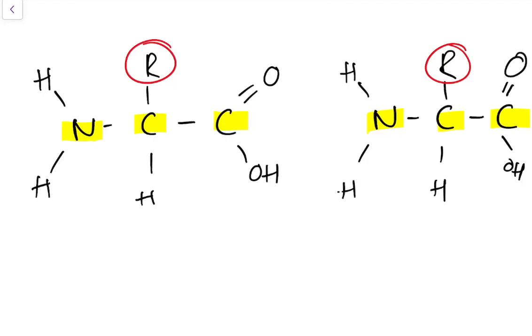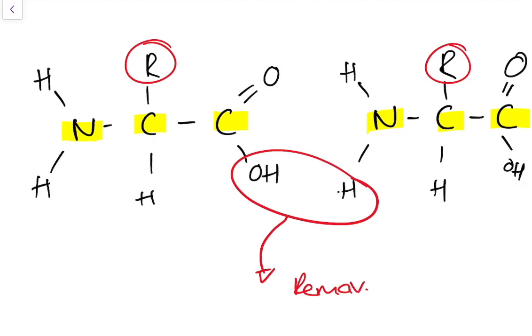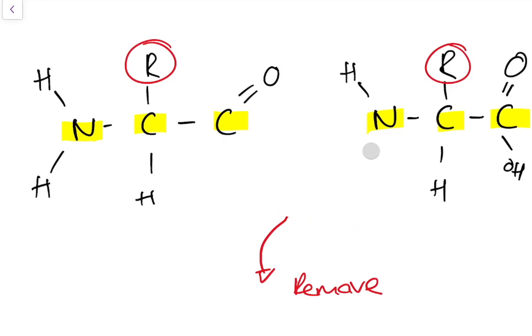The ribosome holds two amino acids close together, and in what is the active site of it, it's going to remove that water. Then we can link those two together.